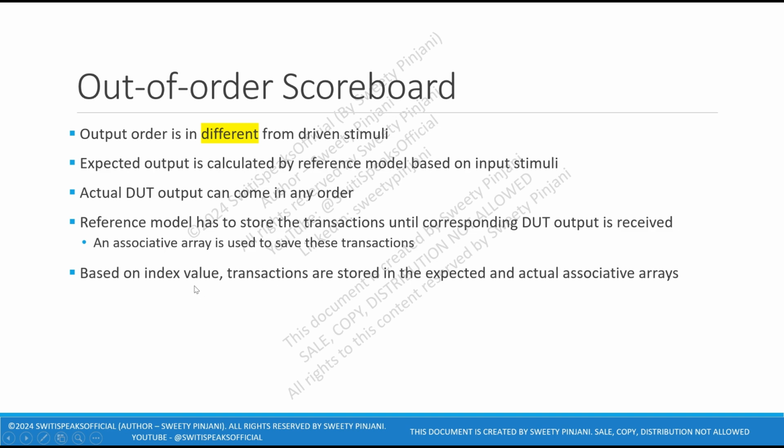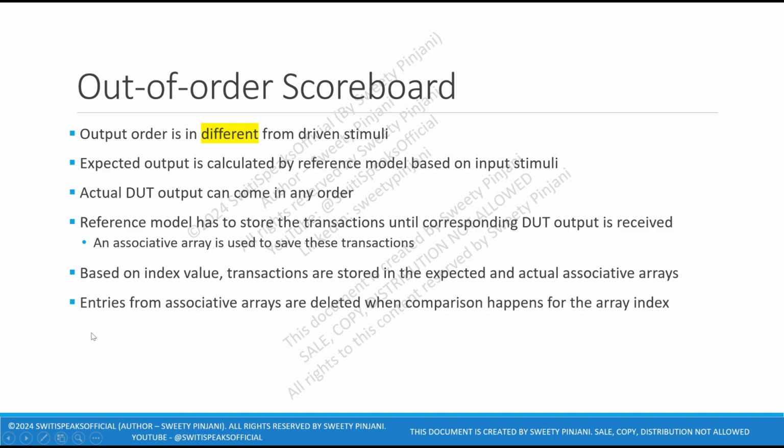So in an associative array, based on your index value, the transactions are stored in expected and actual associative arrays. And then you will match the index to compare these expected and actual outputs. Entries from these associative arrays will be deleted when the comparison is done.